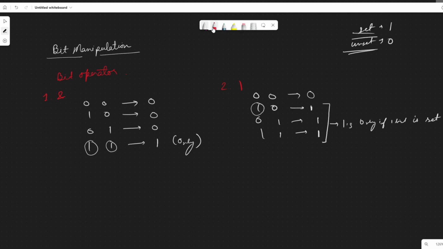Okay, now the third operator, XOR. In XOR, we are taking the same example, 0 0 1 0 0 1 1 1.